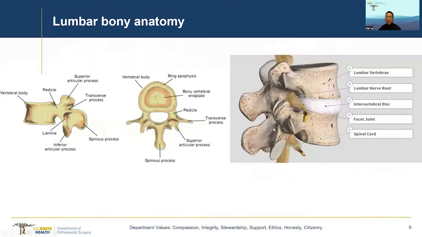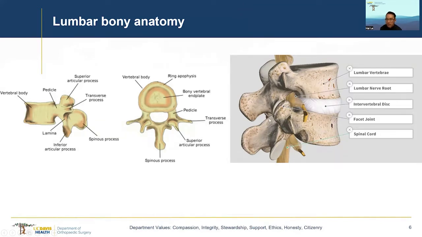So then when you look at the anatomy in the lumbar spine, which is probably more important in degenerative processes, here's the lumbar vertebrae, right? Here's the disc, the intervertebral disc. And here's the nerve exiting, and again, here's the articular process that forms the facet.